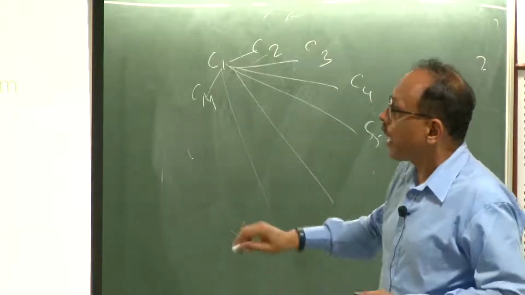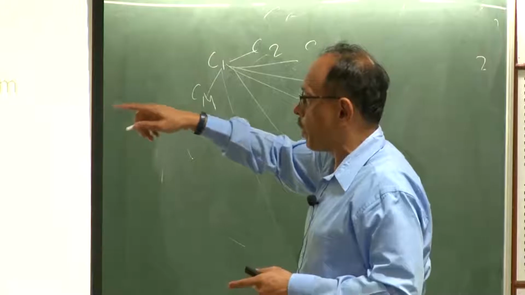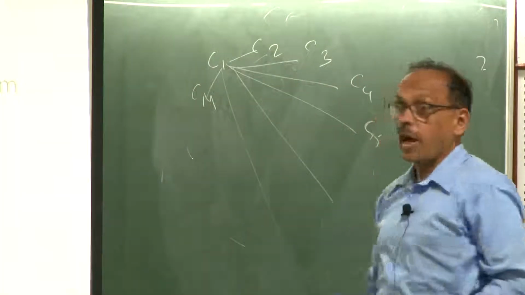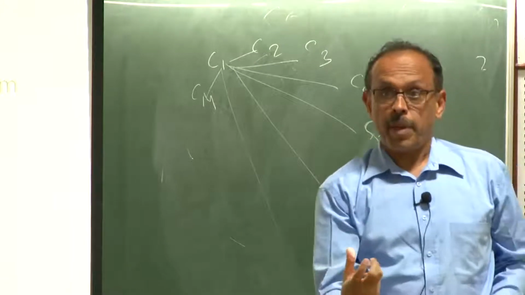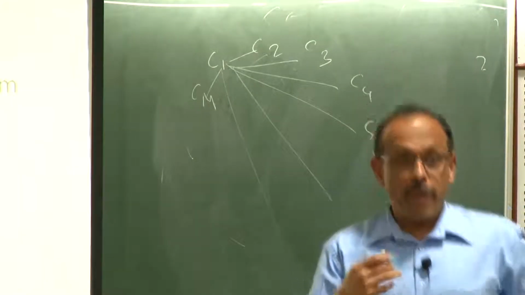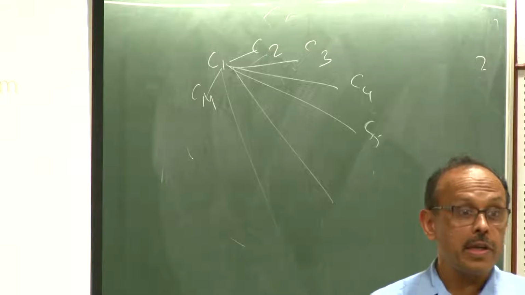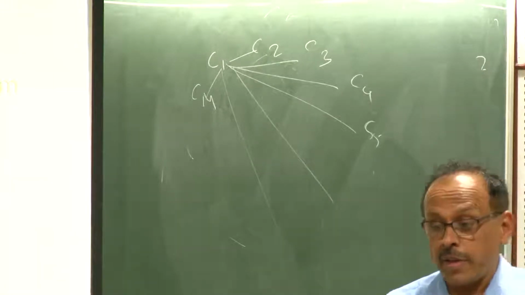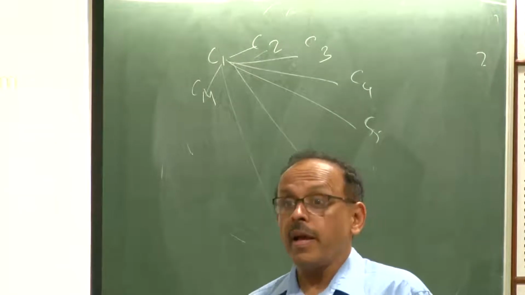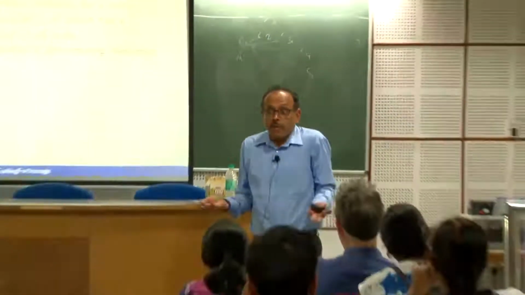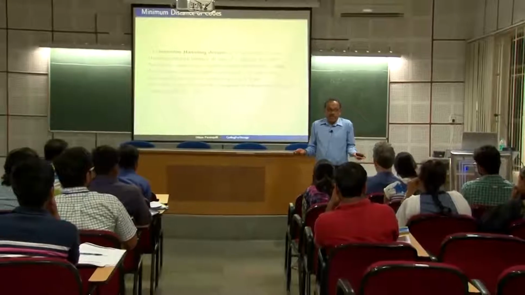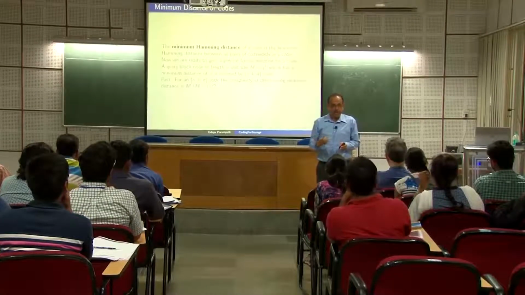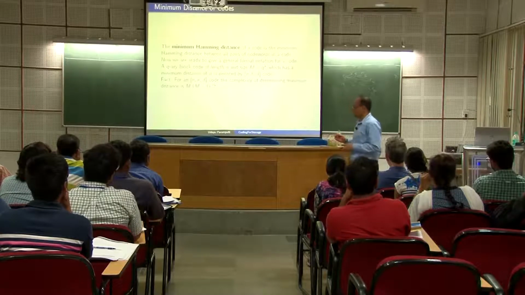There are totally M equal to q to the power k. I want to find the mutual Hamming distances, and I want to find the minimum, because that will tell me the performance of the code. If the number of distortions exceeds the minimum, then we will not be able to guarantee whether an error happened or not. So we need to understand the minimum. That's why minimum Hamming distance becomes important.